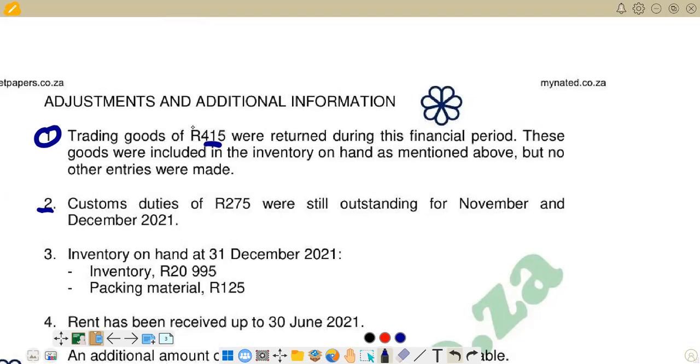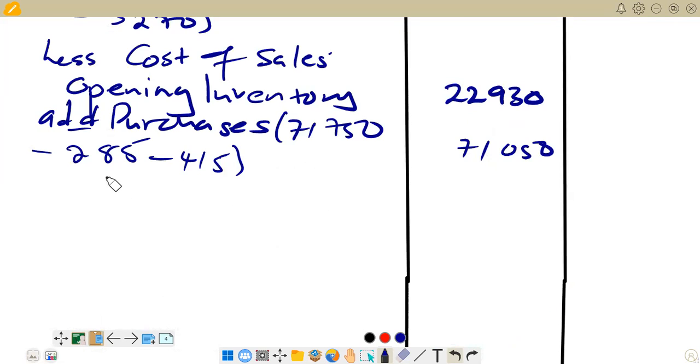The matching principle is very simple: what belongs to this year should be recorded this year, and what doesn't belong to this year should not be recorded in the current financial year. So we are going to add the 275 for outstanding custom duties to the figure for custom duties given in the list of balances, which is 5,200. So we go to the other section and just present it as it is. So here now, remember, we have got carriage on purchases.